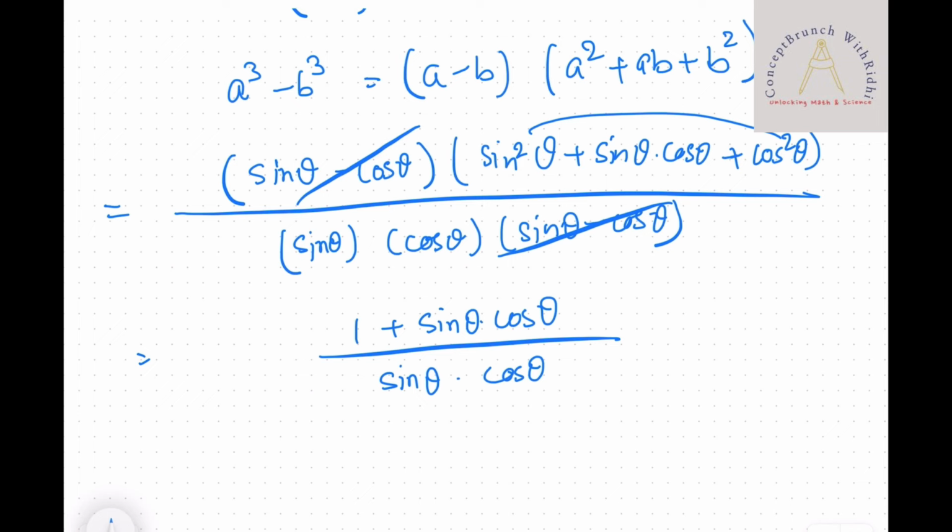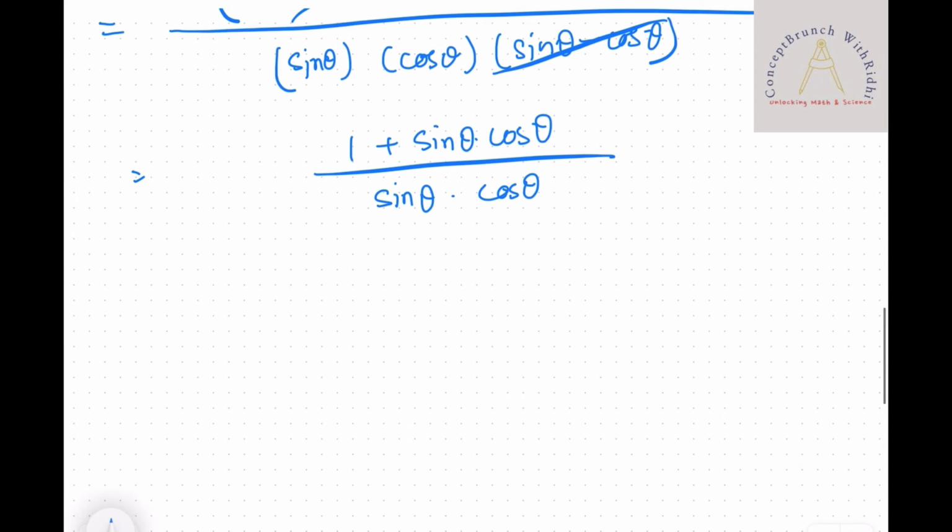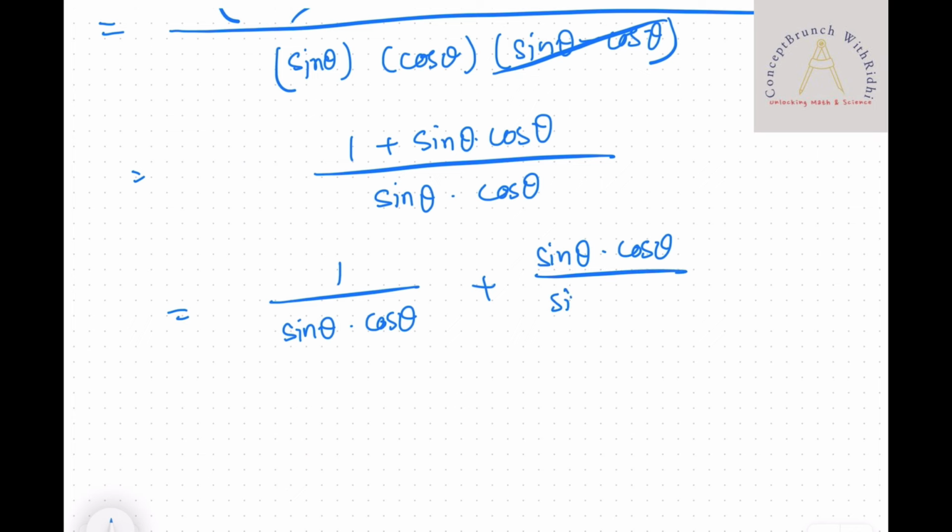Although they can ask you the answer like that also, but according to our question we have to move little bit more. So just separate them. Sin theta times of cos theta plus sin theta times of cos theta divide with sin theta times of cos theta. So even we can separate more.